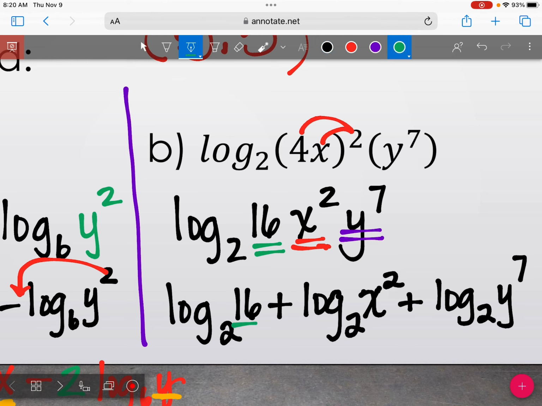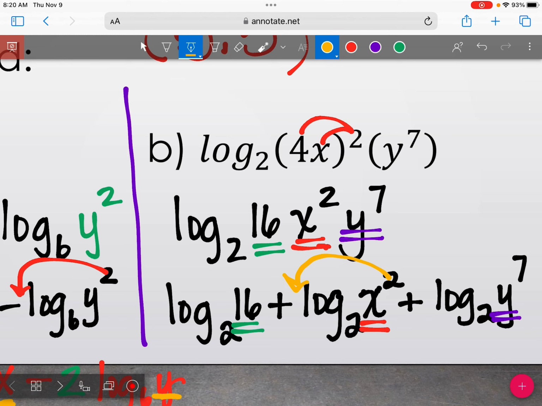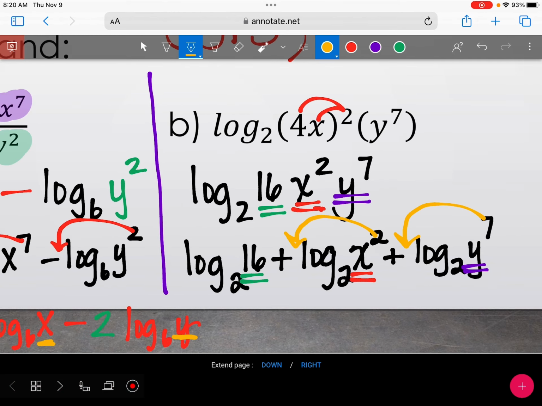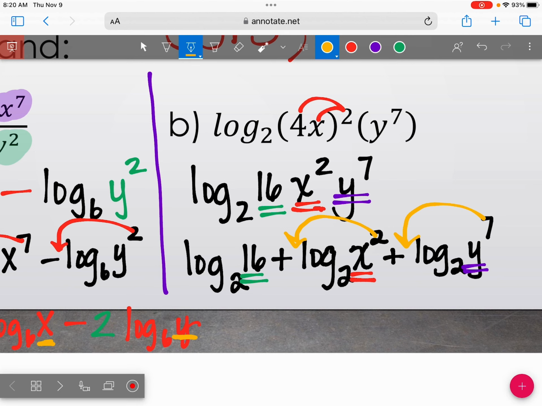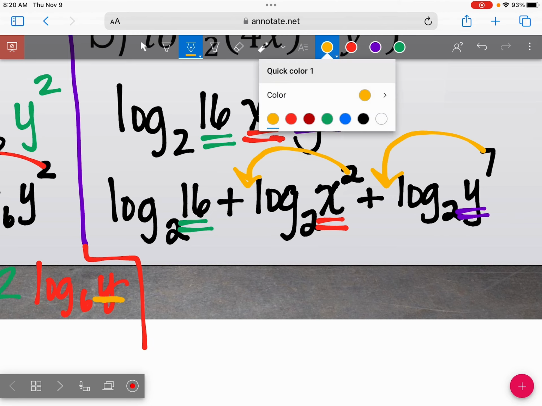And now looking at each one of these terms, do any of them have an exponent? They do. So we have to move the exponent. We have this 2 that can move, and we have a 7 that can move. I'm going to show you 2 answers.